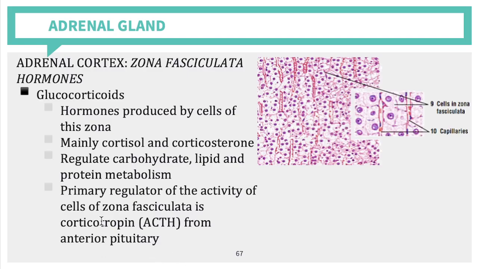Your ACTH will act on your zona fasciculata to release your glucocorticoids, your cortisol. Adrenocorticotropic hormone. Remember the word corticotropic because it produces cortisol in our adrenal cortex, specifically the zona fasciculata.